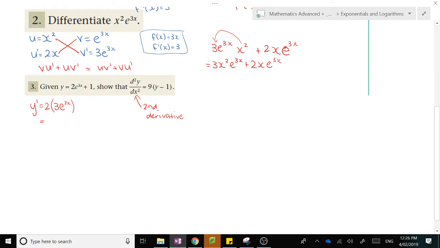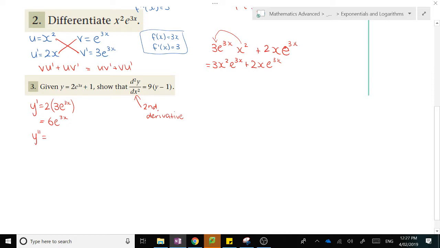So if I simplify that, that is 6e to the 3x. Have I forgotten something? No, I haven't. Okay, so y double dash.